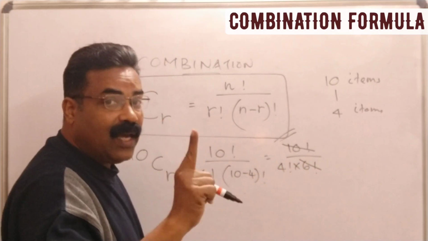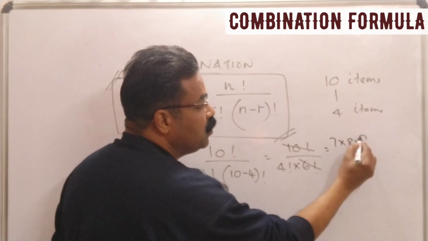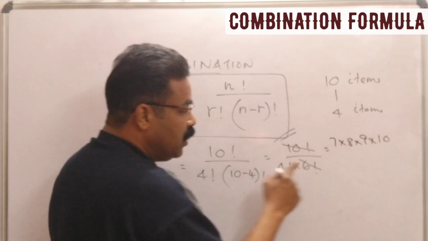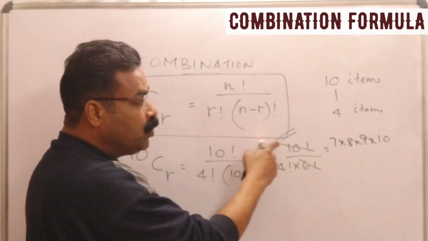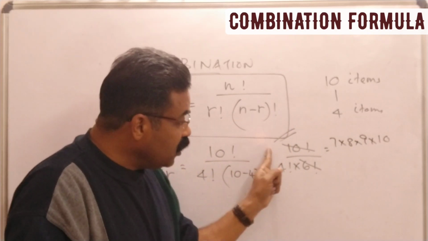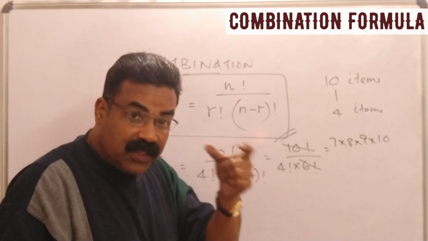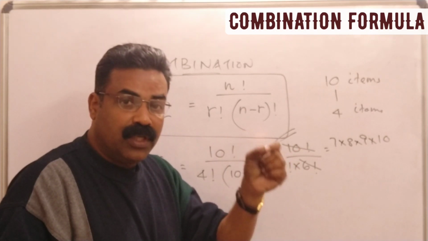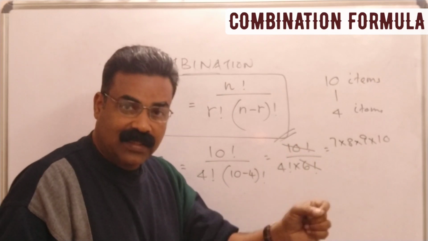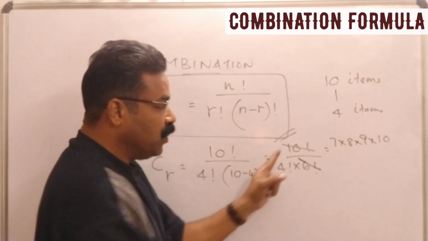Up to 6 only I can cut. Remaining will be 7 into 8 into 9 into 10. Understand this very, very clearly. Here 1 to 10 I have to multiply. Out of that 1 to 10, the first 6 numbers, 1 into 2 into 3 into 4 into 5 into 6, these many numbers I have cancelled with the 6 factorial.